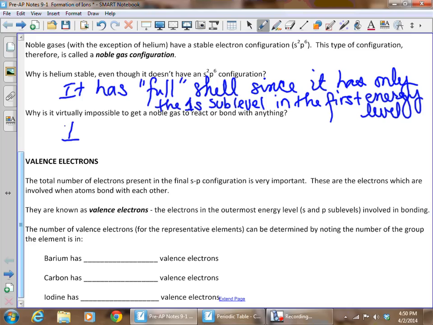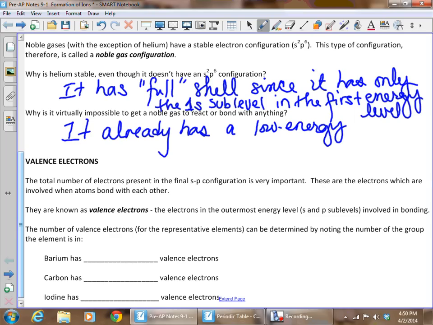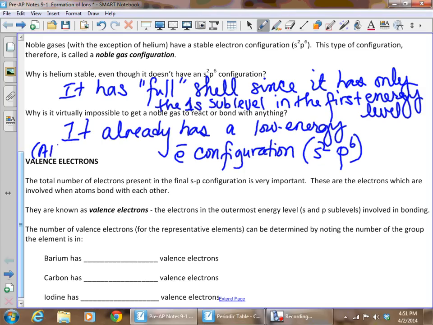So it already has a low energy, stable electron configuration, s2p6. And that's true for all of our noble gases.